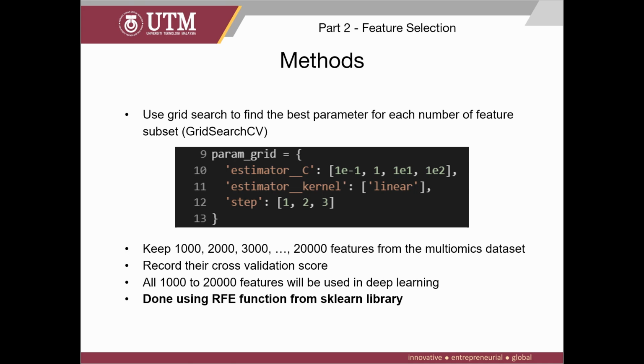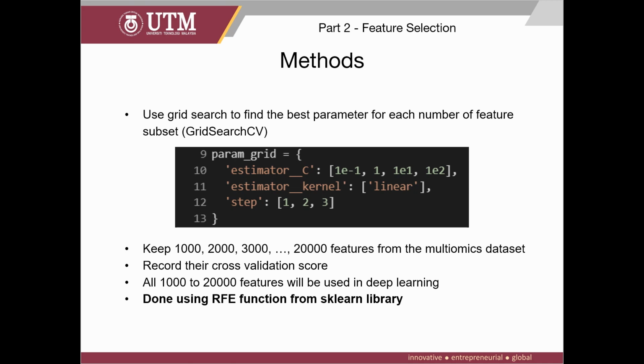And this is done using the grid search CV function from sklearn. So for the parameter grid, I have set the C hyperparameter for SVM ranging from 0.1, 1, 10, and 100. So for the kernel of the SVM, I have used the linear kernel.